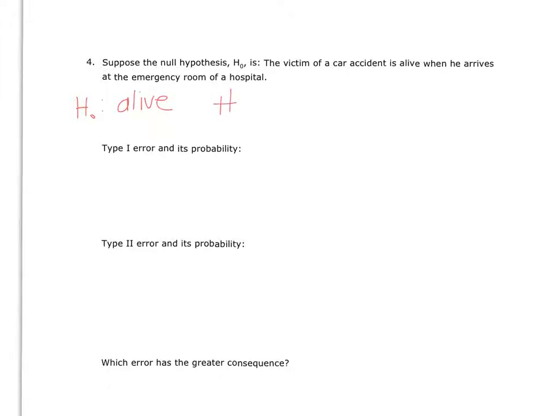And then that would make the alternate that he's not alive, or he's dead. Okay, so we want to write down what would be the type 1 error. The type 1 error would be to conclude, we would reject a true null hypothesis.